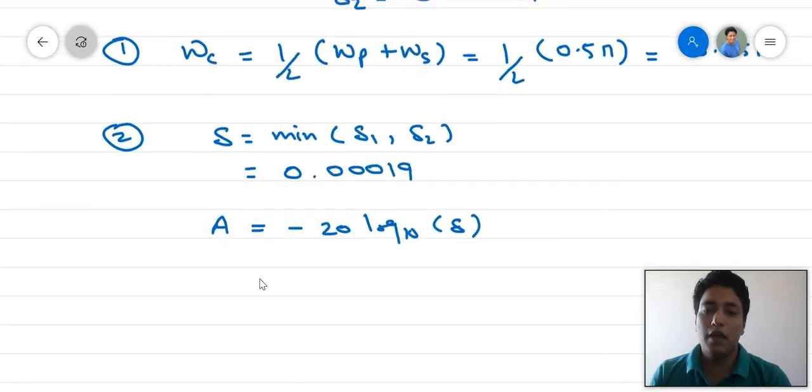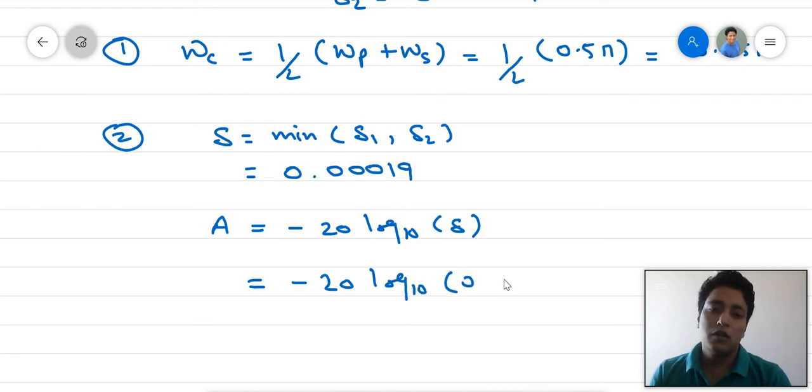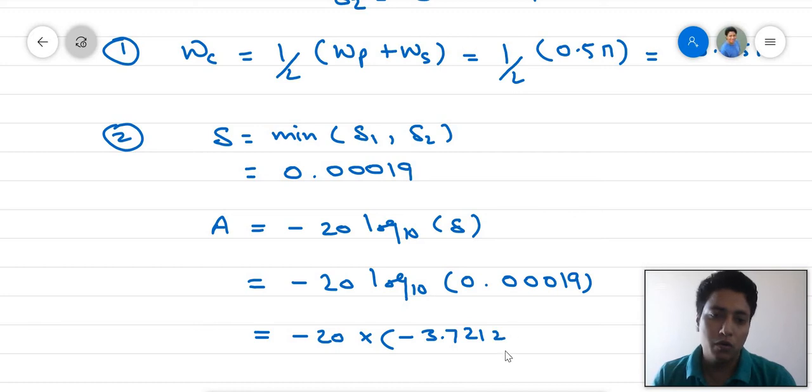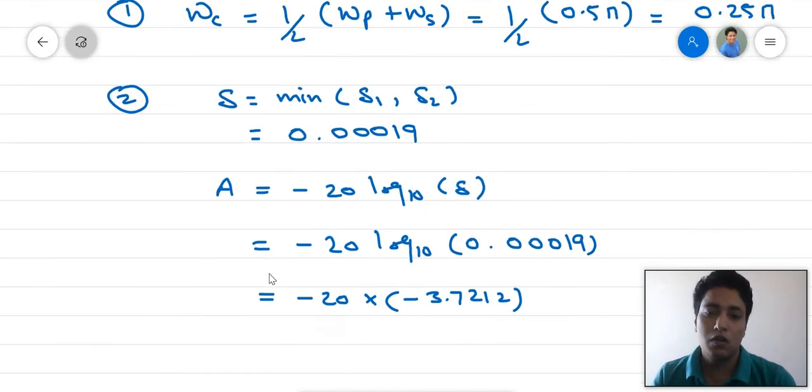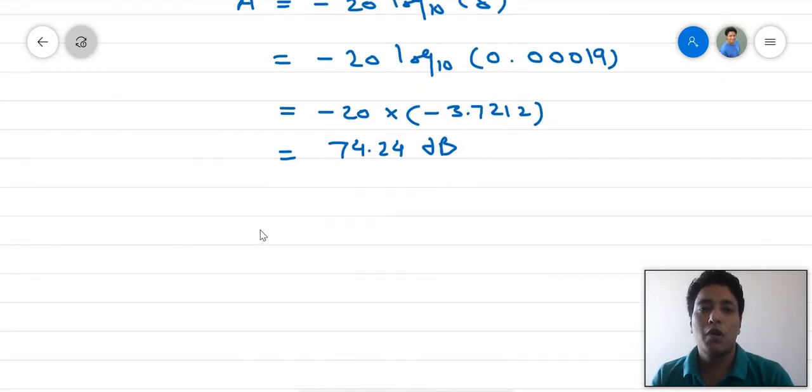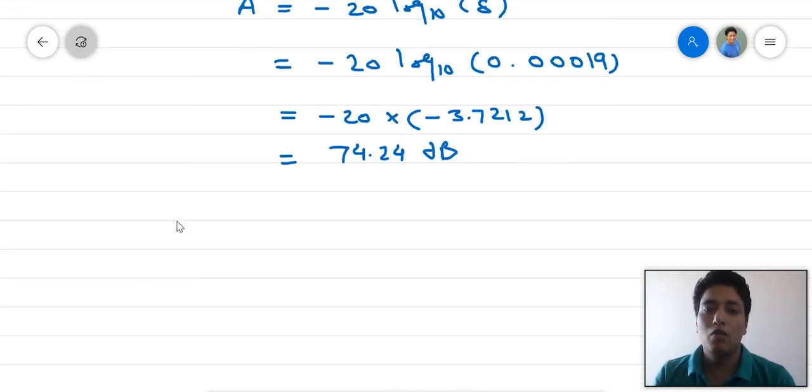Substituting the value, we get minus 20 log base 10 0.00019, which is equal to minus 20 into minus 3.7212, which gives 74.24 dB.